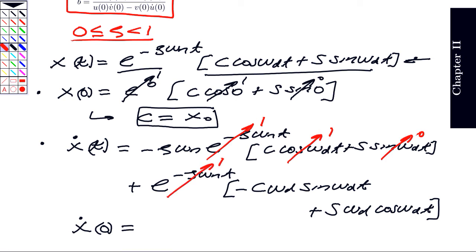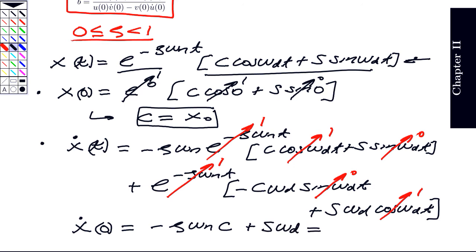So what we're left with here is minus zeta omega n times c plus s omega d, and that's equal to the initial condition for x dot.